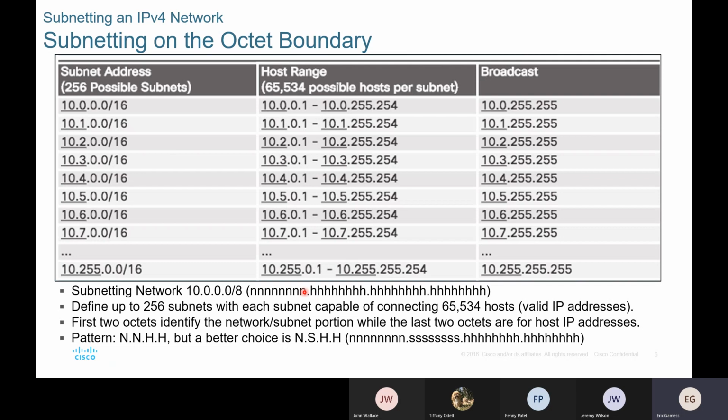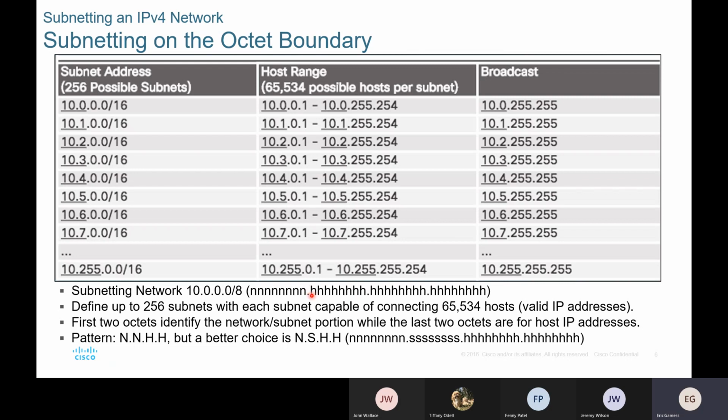Now, when you create your subnet, you may borrow 8 bits from the host part and convert them into network bits, so the boundary moves from the initial boundary up to here.